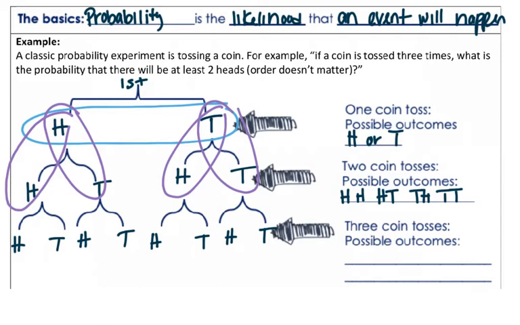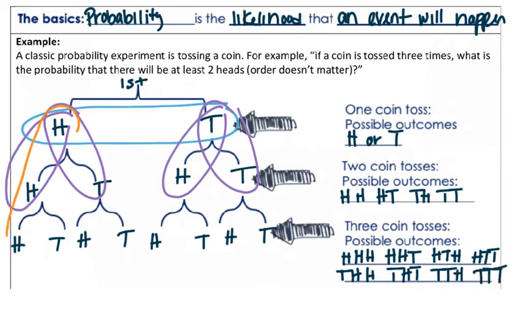Alright, and then the last one, these are kind of a lot. You could get heads, heads, heads; heads, heads, tails; heads, tails, heads; heads, tails, tails; tails, heads, heads; tails, heads, tails; tails, tails, heads; tails, tails, tails. And you get that from doing this.